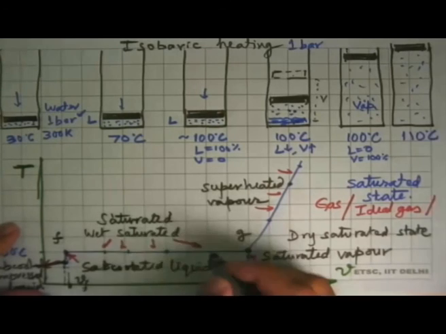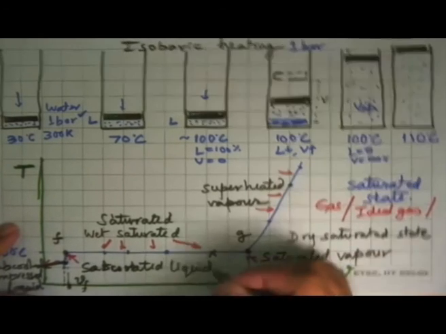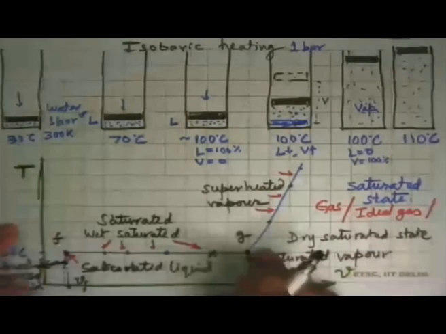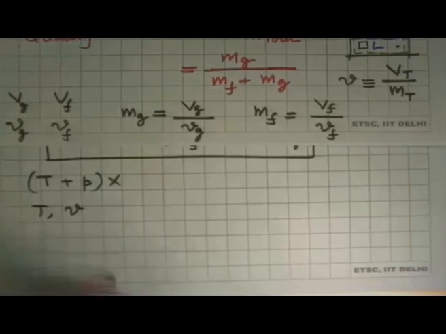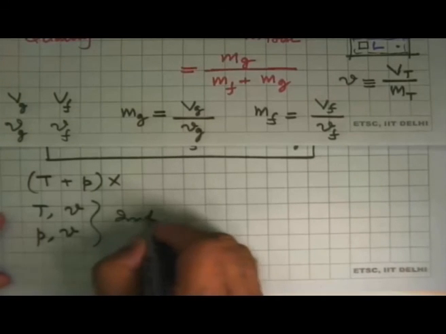So if that particular point happens to be here, you know that this is the specific volume, this is the temperature, and you can calculate x from here, and we will see how to calculate all the other properties. Similarly, P and v are independent properties.